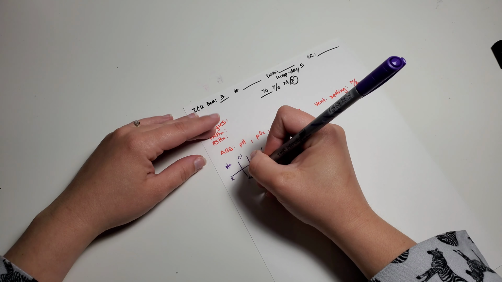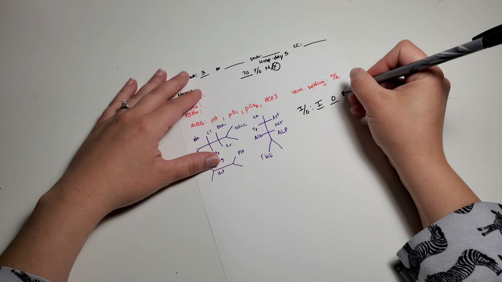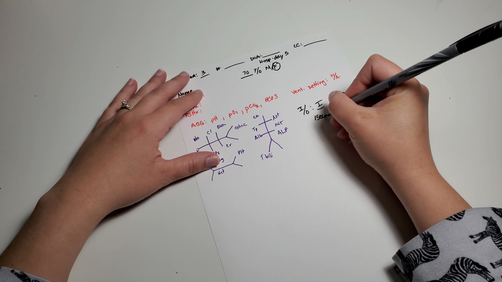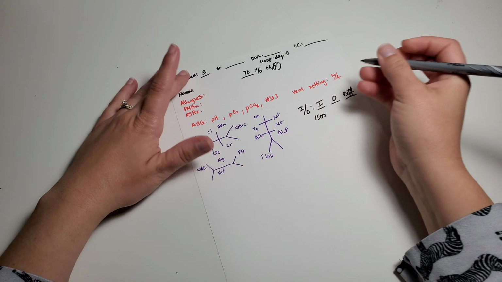So over here, we're gonna move on to something important in the ICU. We have input, intake, and output. So this is intake, this is output, and this is the difference. So they received 1,500 of fluids. They urinated 1,000, and we have a difference of 500.